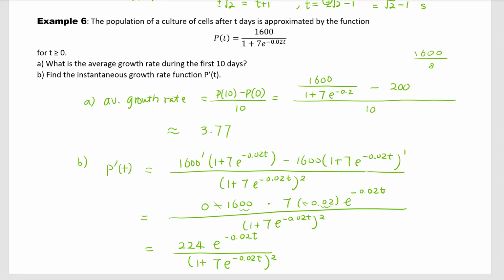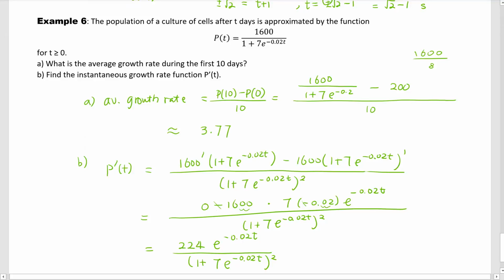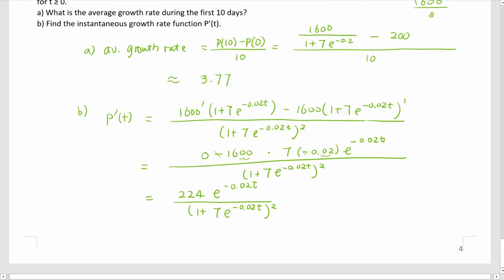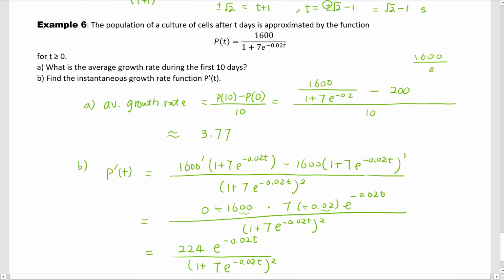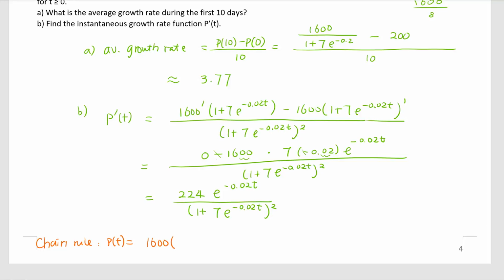Well, how do we use the chain rule to solve it? Okay, so the chain rule is next session, but after you learn next session, you can come back and watch this video for this part. Okay, so in order to use the chain rule, first of all, you want to rewrite the function into the standard form. So this is like 1600 times (1 plus 7 e to the minus 0.02t) to the negative 1. Well, when you use the chain rule, you consider the inner function to be u.